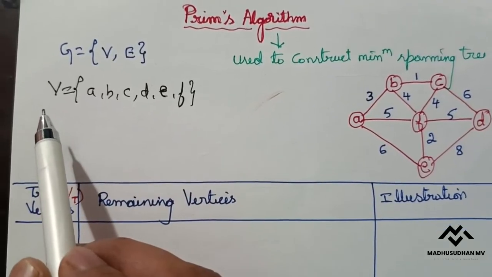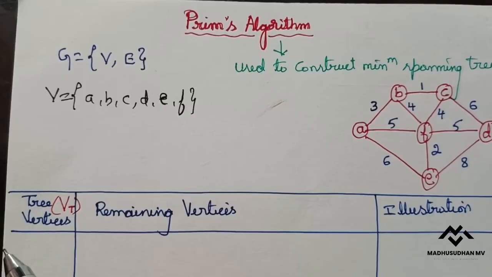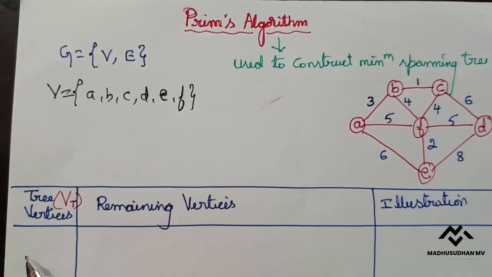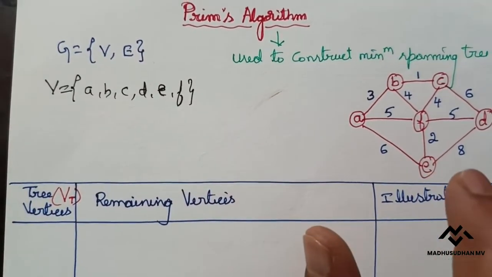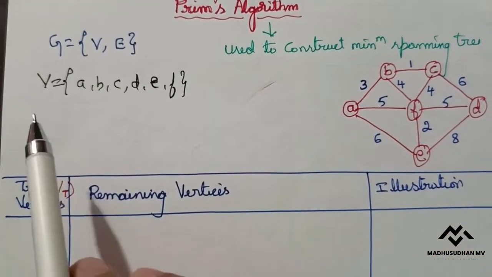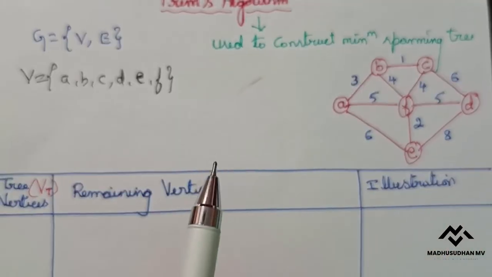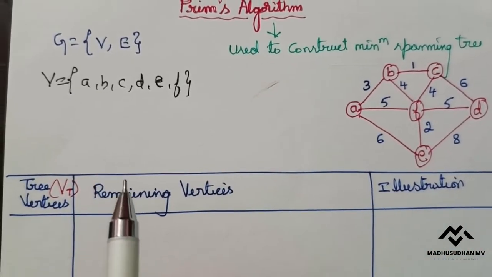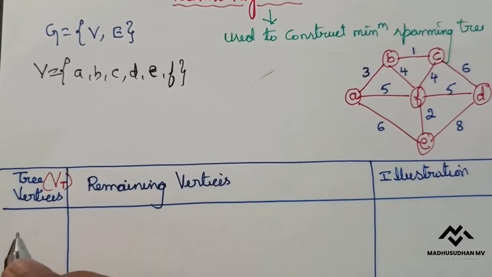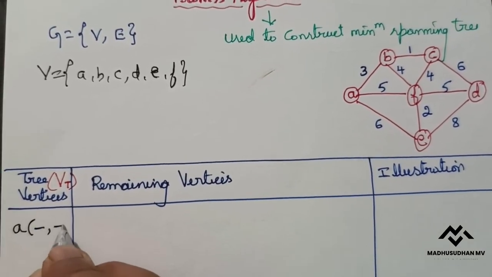Now I need to say which vertices I have currently included in the tree. Currently I have not considered any tree, so it is empty. Now what we need to do is first select any one vertex arbitrarily. Arbitrarily means you randomly select any one vertex. Let us take A, and I will write dash comma dash.